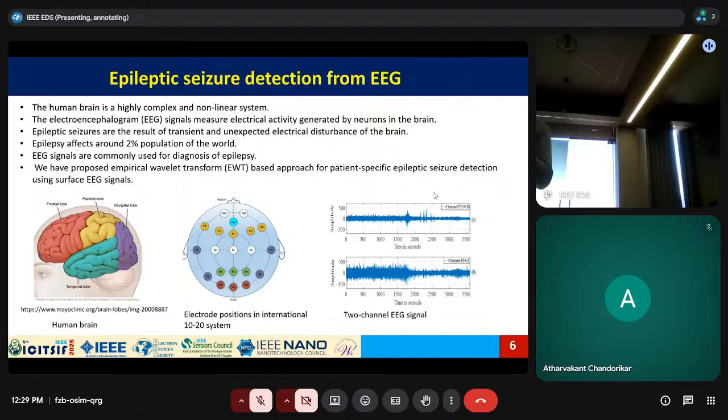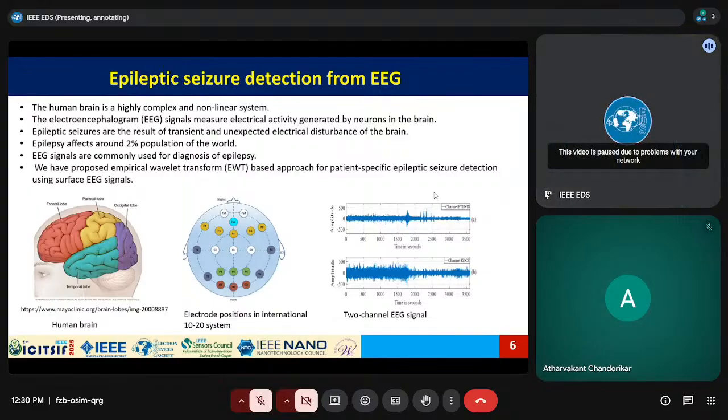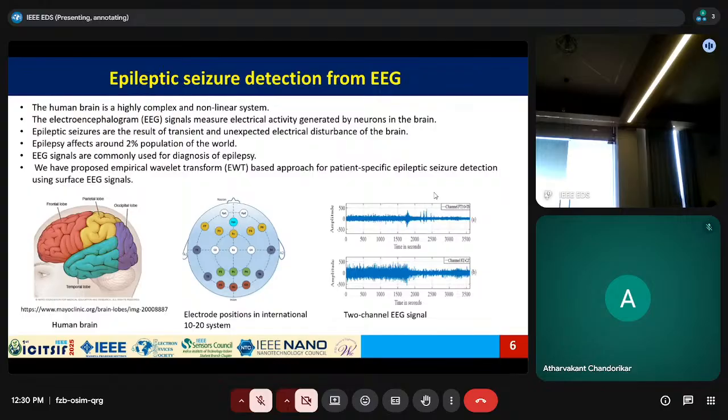To get the electrical activity from these regions, we use an electrode cap. The electrodes are arranged in such a manner that they can record activity from any of the regions. Just as an example, a 2-channel EEG signal is shown. But it depends on the application, the number of channels in the electrode cap. It can have 128 channels, or 64 channels, depending on the application.